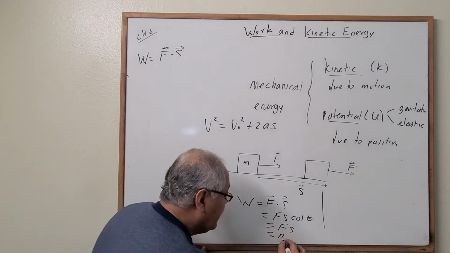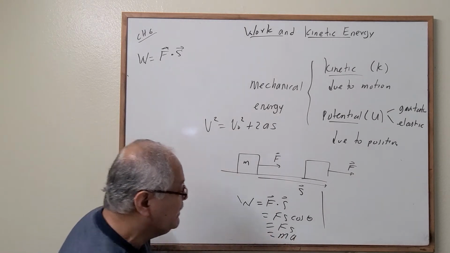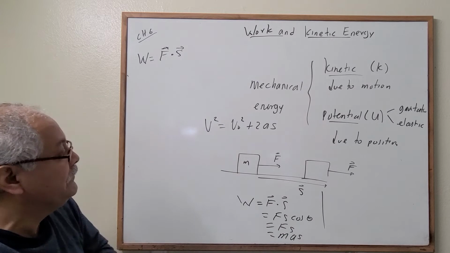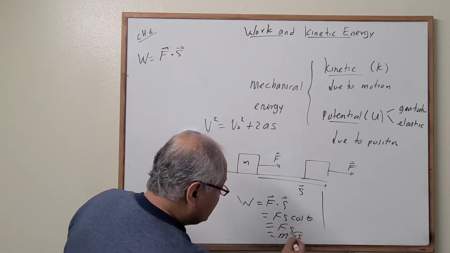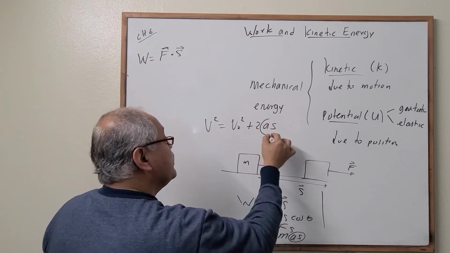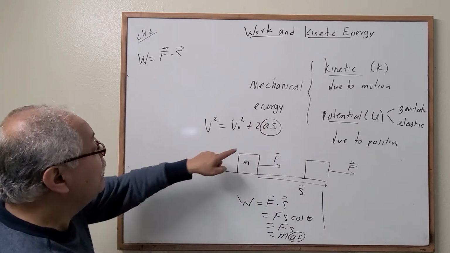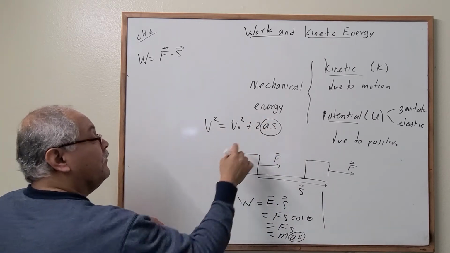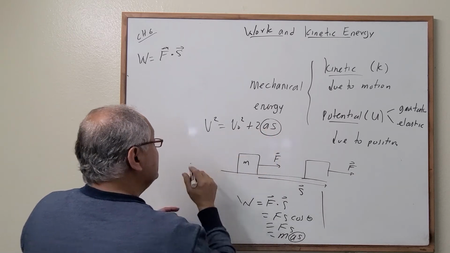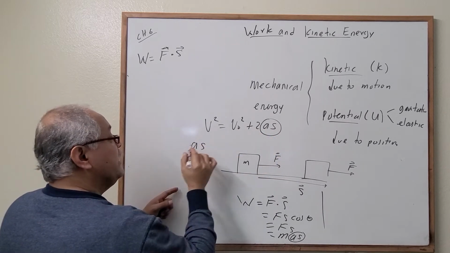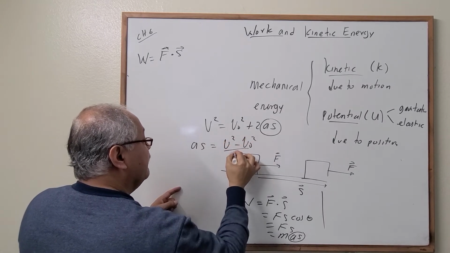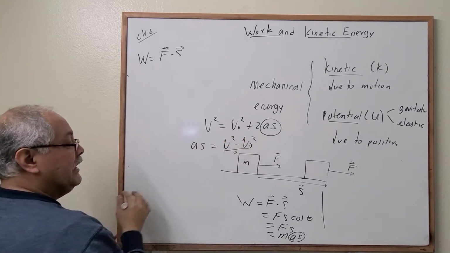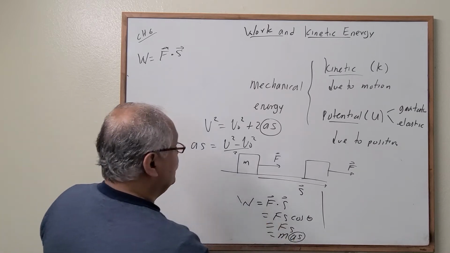Force is equal to mass times acceleration, in this case times s. Look, we have acceleration times the displacement that appears right here. Let's start from here, for a s. So acceleration times displacement is equal to final square minus initial square divided by 2, correct? Let's apply this quantity right here.